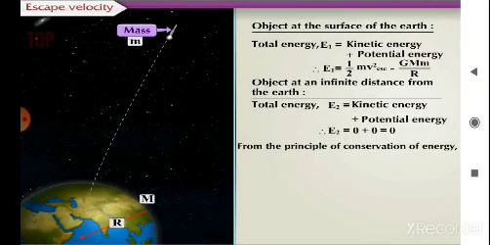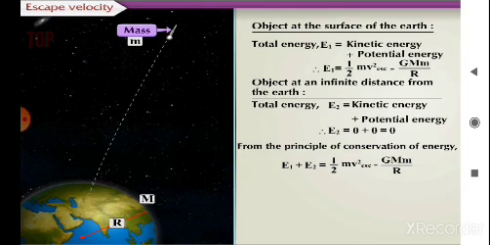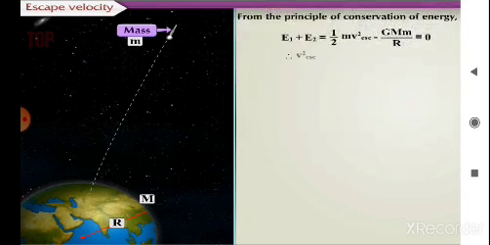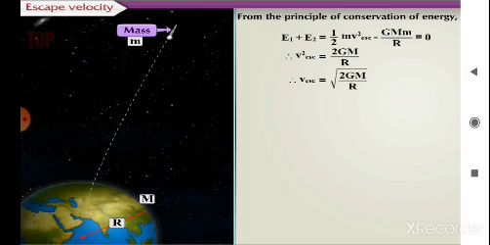From the principle of conservation of energy, E1 is equal to E2, so half of m v square esc minus G M m upon r is equal to 0. Therefore, v square esc is equal to 2 G M upon r. v esc is equal to under root of 2 G M upon r.